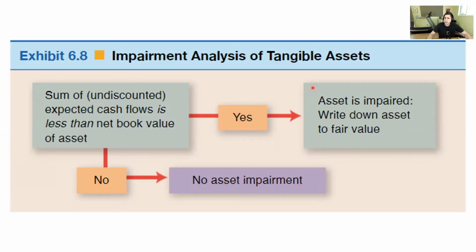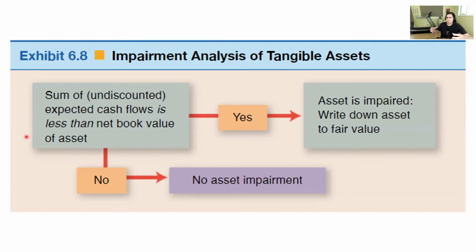So let's just remind ourselves of the impairment rules for property, plant, and equipment. This is a two-step process. Step one is here. You take a look at the undiscounted expected future cash flows that the company is going to receive because they have this property, plant, and equipment.